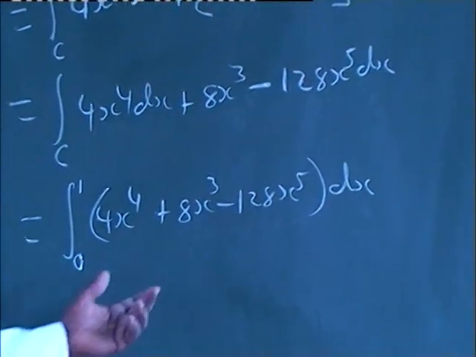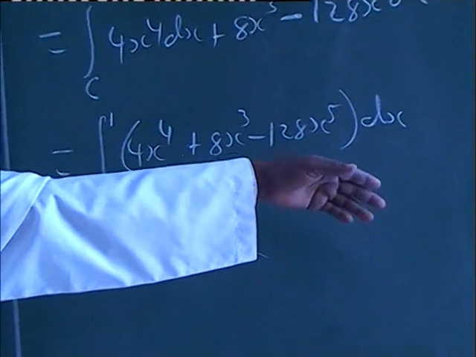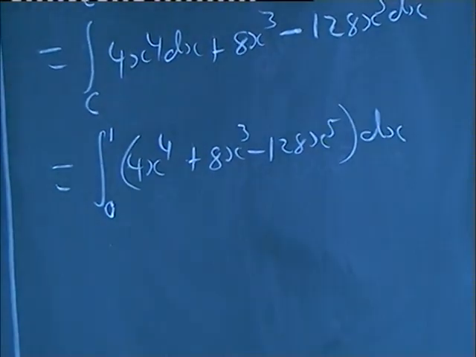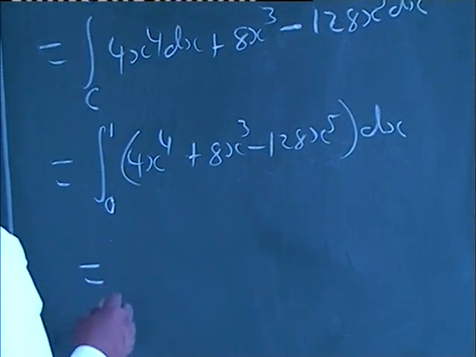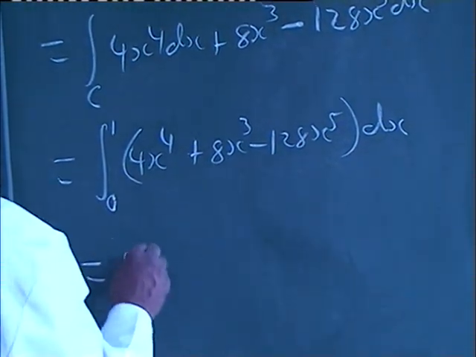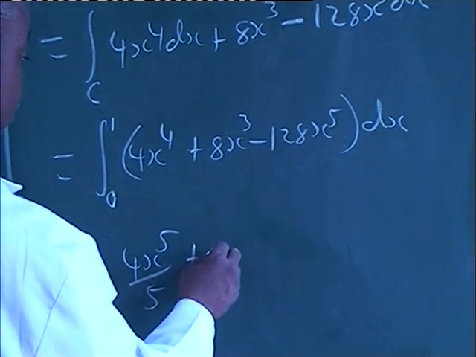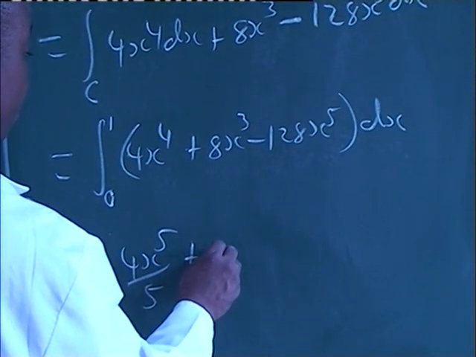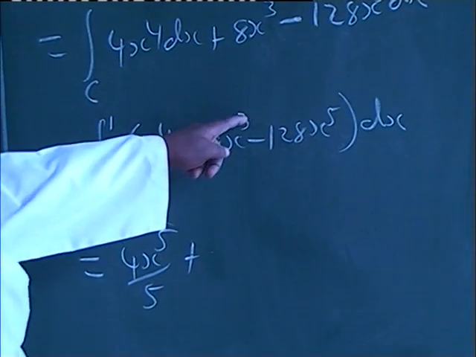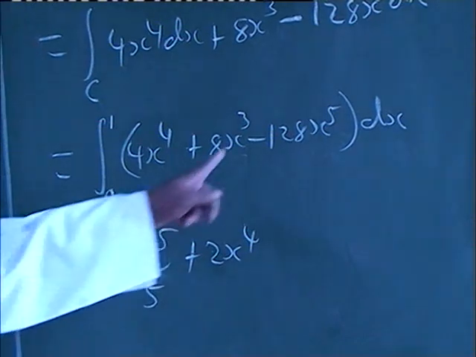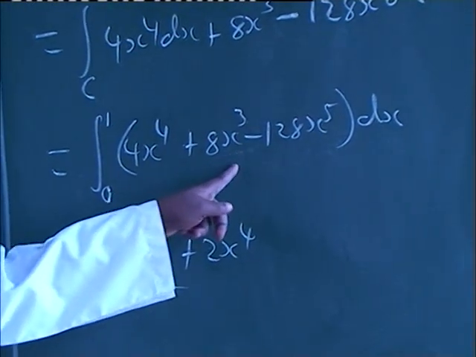I am just factoring out the x because I am able to change everything now to x. So I will now start my normal integration, which gives 4x to the power 5 over 5 plus 8x to the power 4 over 4, which gives me 2x to the power 4 because there is over 4 here now.